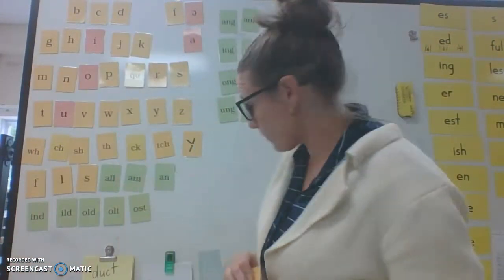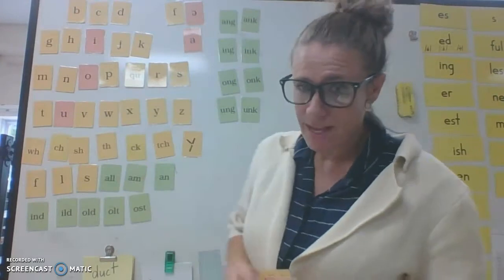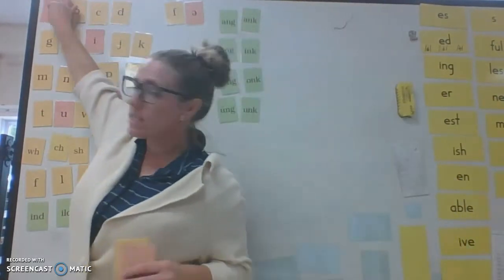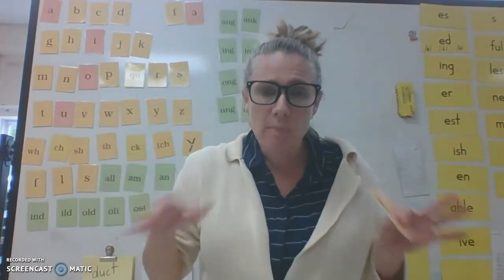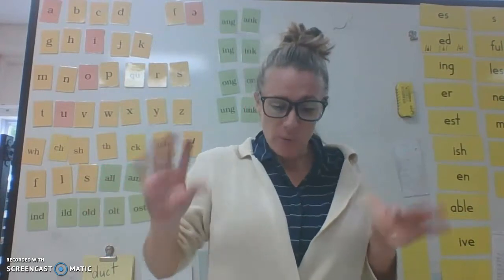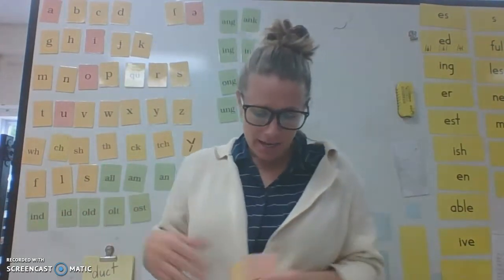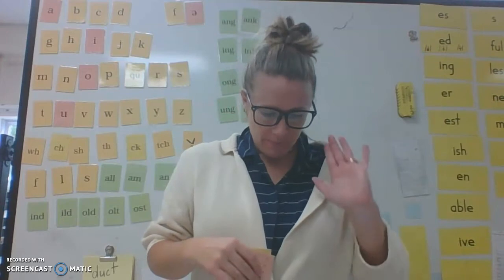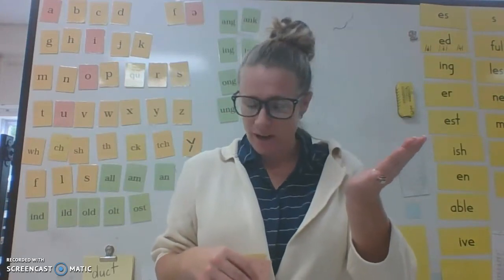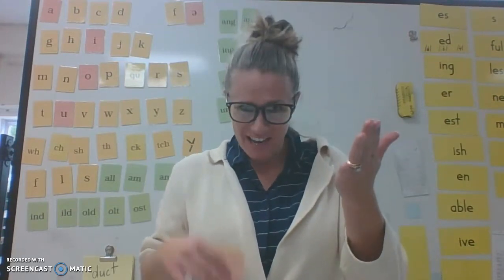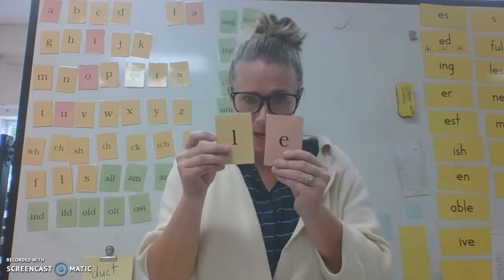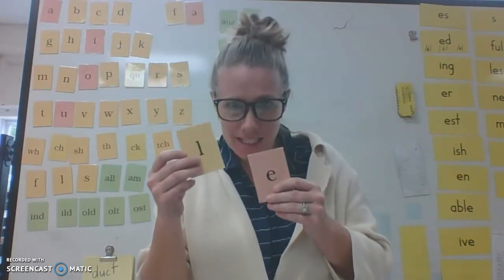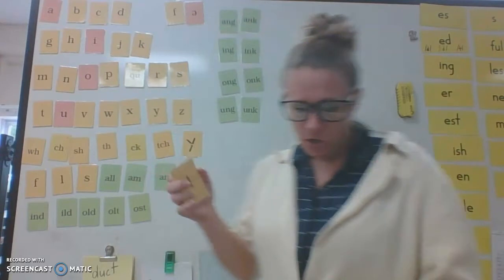Okay, so this new syllable type, consonant LE, has a very specific format. It's in multisyllabic words and it always comes at the end. And it's always a consonant and then LE. Okay, this is a pretty simple one, consonant LE. So take a look at this.